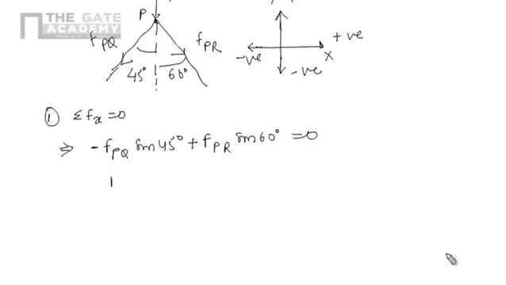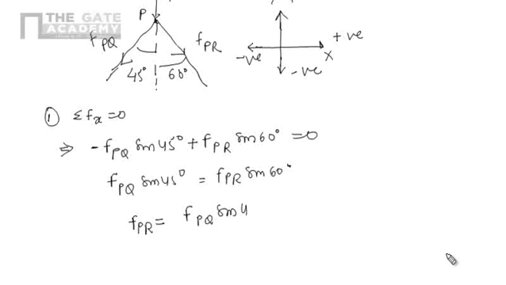So we have FPQ sine 45 equals FPR sine 60 degrees. So FPR will be FPQ sine 45 by sine 60.